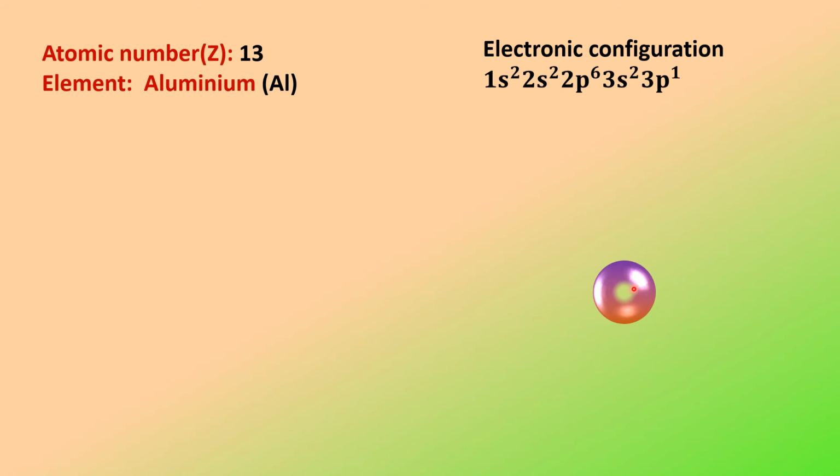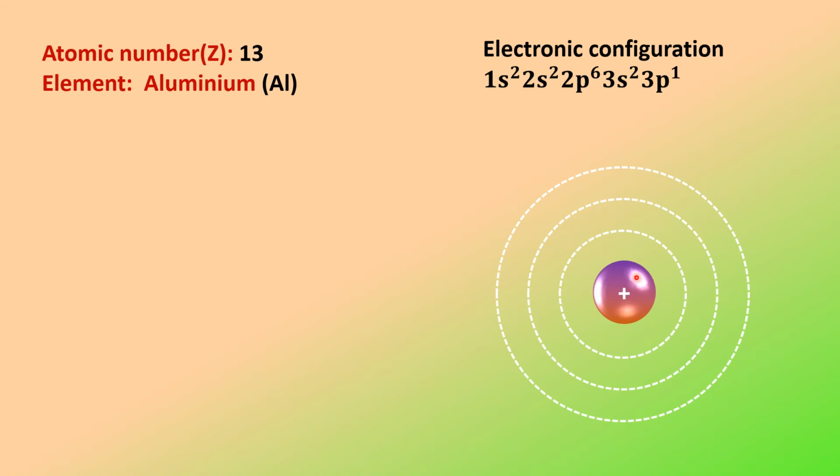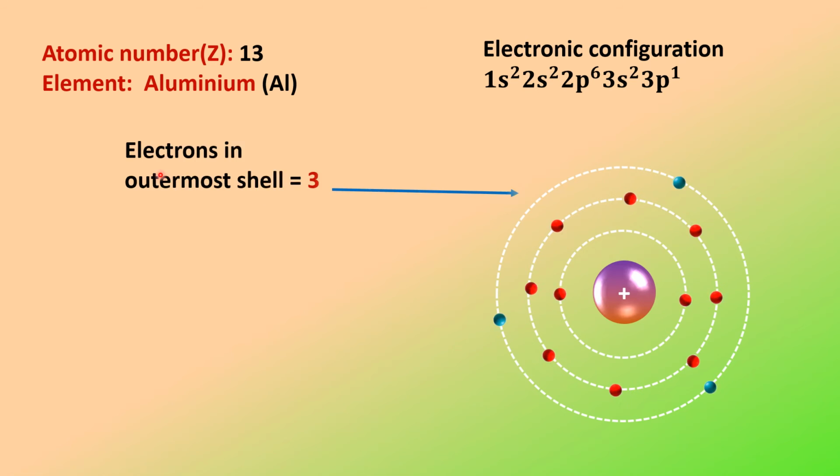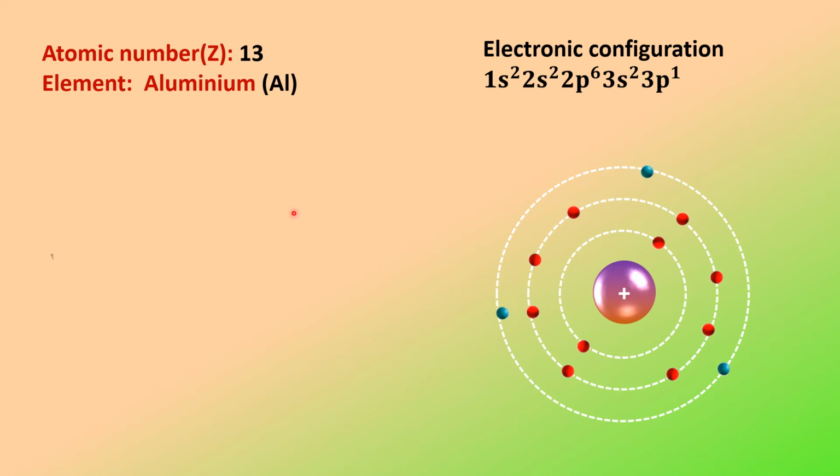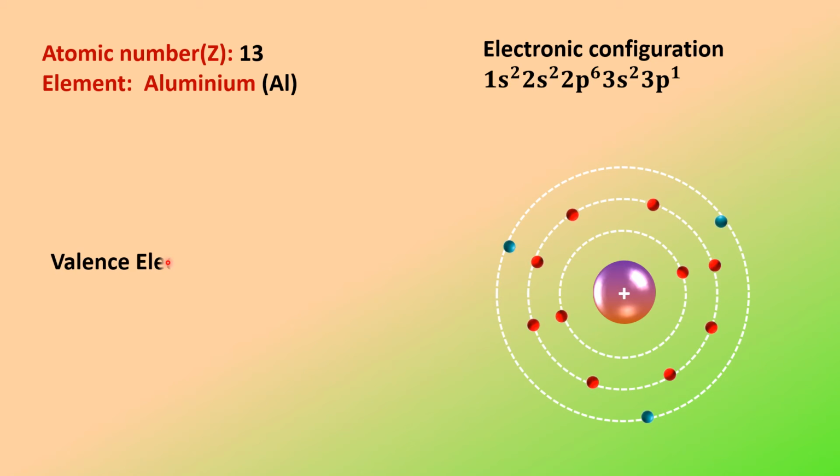This is the aluminium nucleus. These are the 3 shells. First shell, 1s2, 2 electrons. 2s2, 2p6, that is 2 plus 6, 8 electrons. And in the third shell, 2 plus 1, 3 electrons are present. For aluminium, the electrons in the outermost shell are 3, which are called valence electrons.